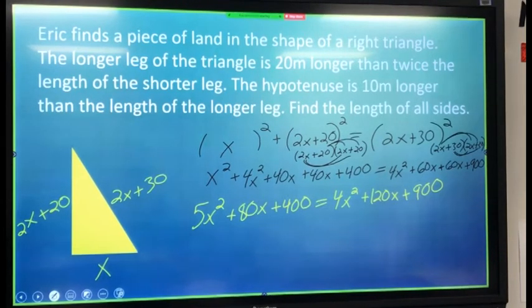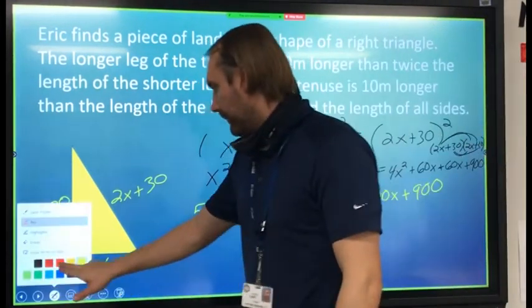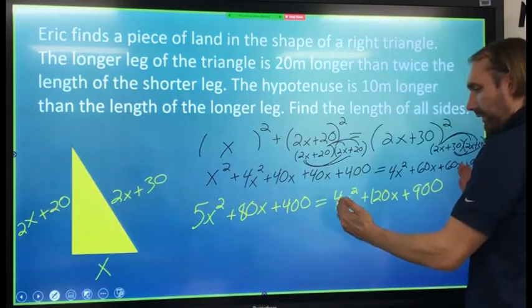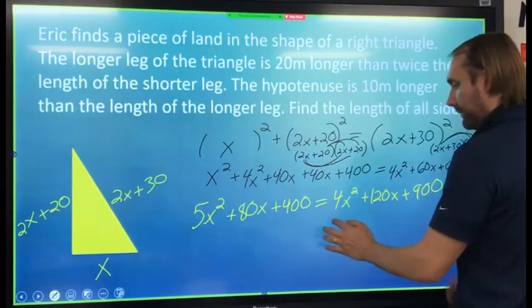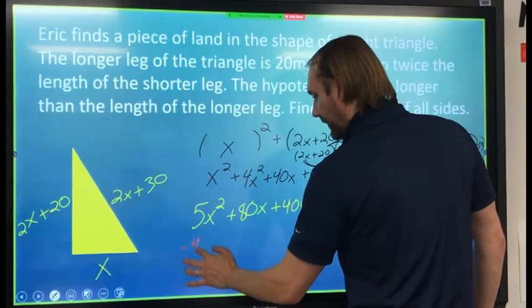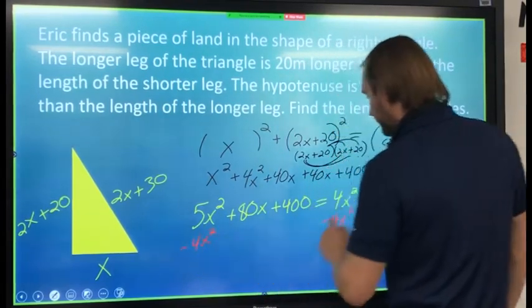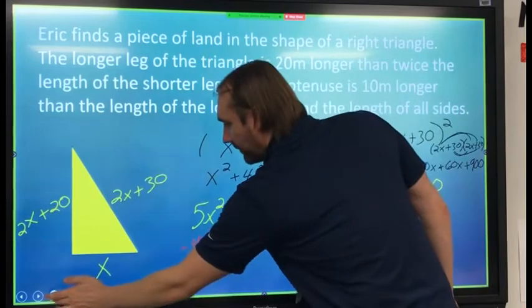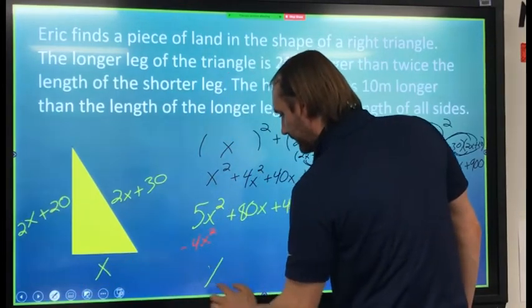Now we are dealing with quadratics and we're trying to solve this quadratic. So what's the golden rule? Set it equal to 0. Let me move everything over to this side. Subtract 4x squared: 5x squared minus 4x squared is x squared.